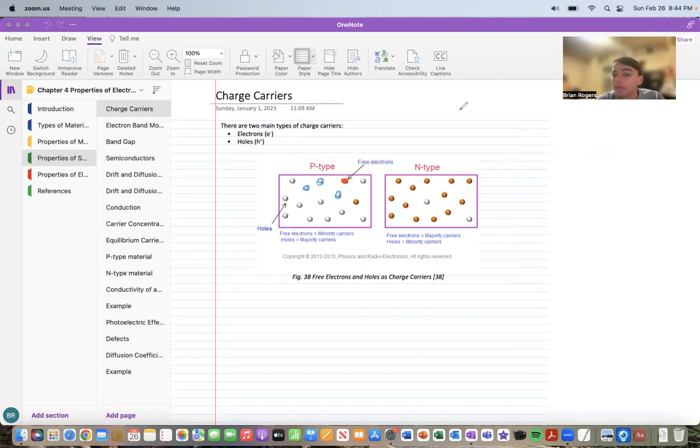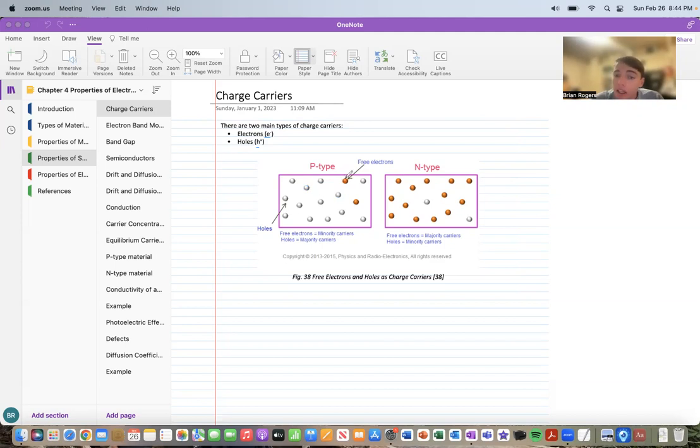They carry a negative charge with them, whereas holes are referred to as net positively charged because there's an absence of an electron. So it's referred to as a positive. You're going to see these notations used a lot, electrons and holes, and this is referring to the type of doping.